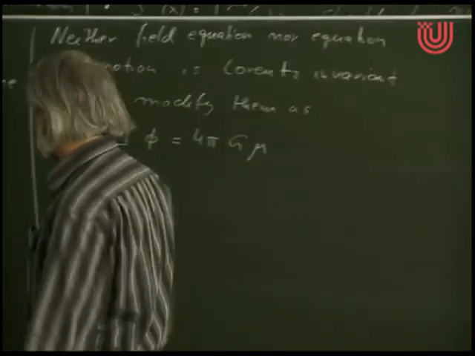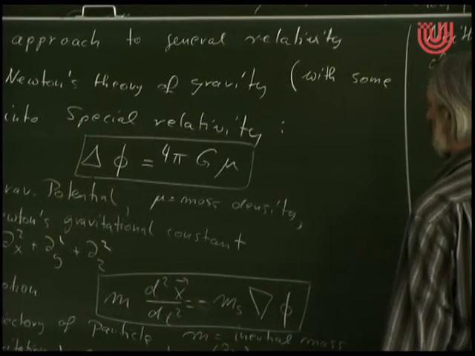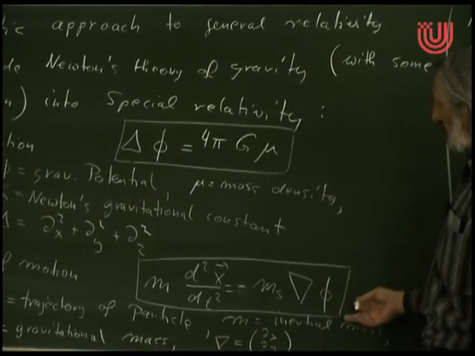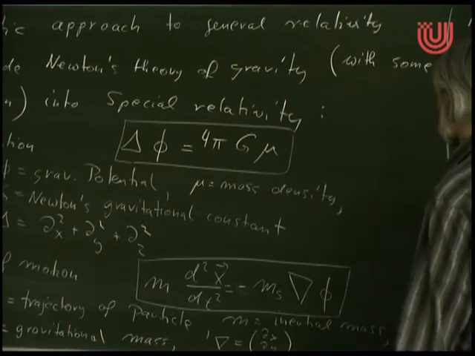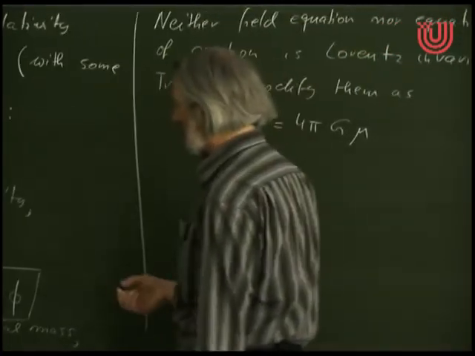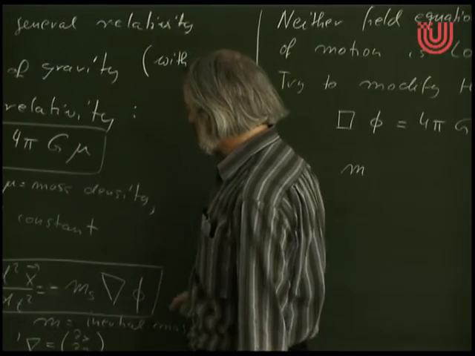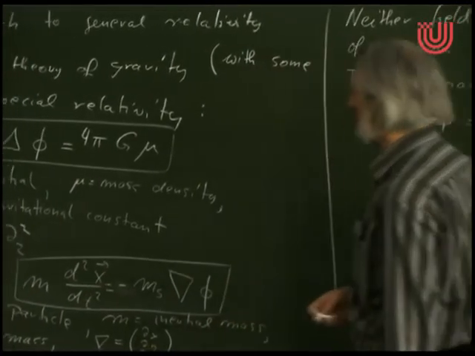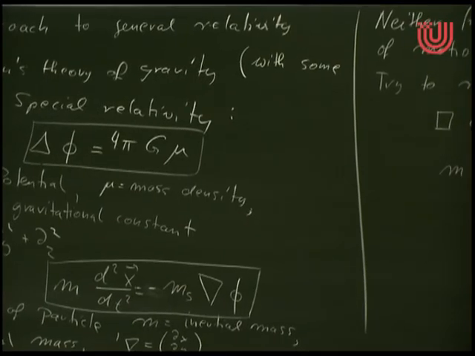And this I can also make into a Lorentz invariant equation if I write it not just with 3 components, but if I invent a 4th component, so I make this 3 vector into a 4 vector. Well, we have already learned that we always have to replace the time coordinate by proper time.